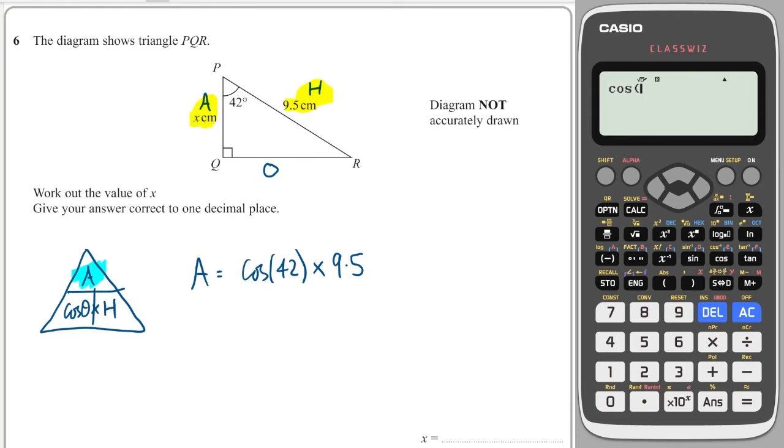So I type in cosine. I just need to double check something. I need to make sure that we are in the correct mode, because I can see there's an R at the top, which is no good for GCSE. We need to change that to degree, and we go cosine of 42 multiplied by 9.5, and to one decimal place that is 7.1.